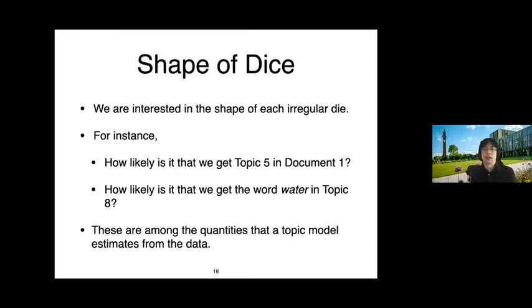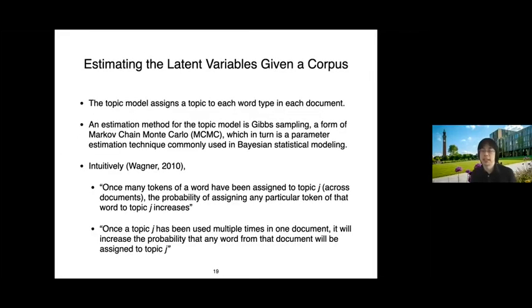So how does a topic model specifically reverse the process or estimate the probabilities? The topic model assigns a topic to each word type in each document.